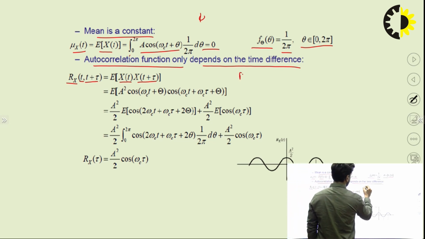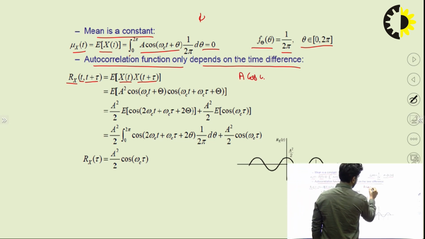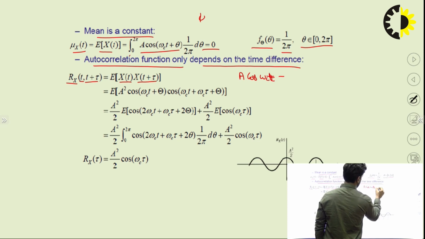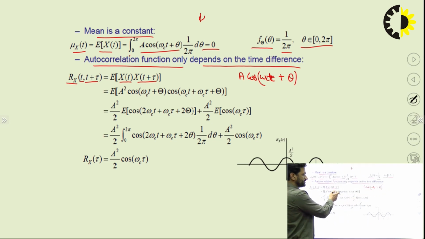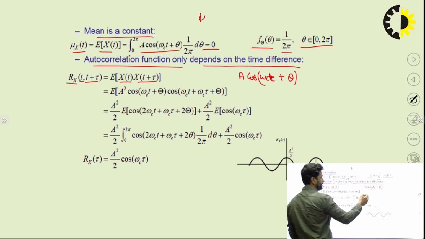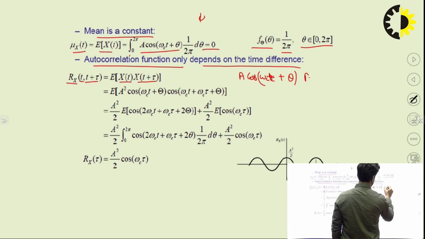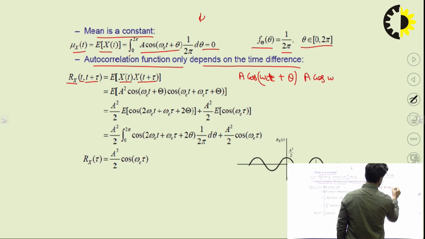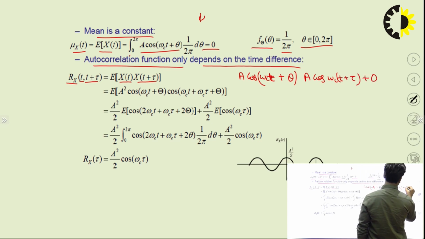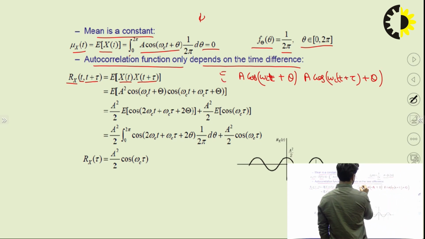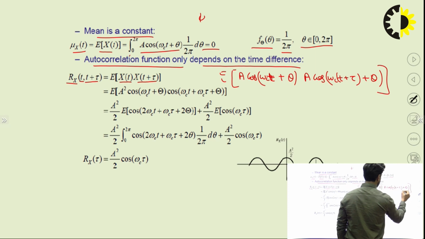X(t) is the value A cos(ωct + θ). Here we are considering theta, and A cos(ωc(t + τ) + θ), right? And we have to find the ensemble average of these two processes.